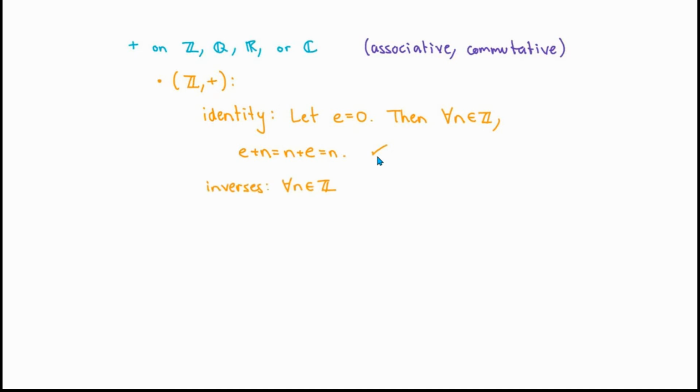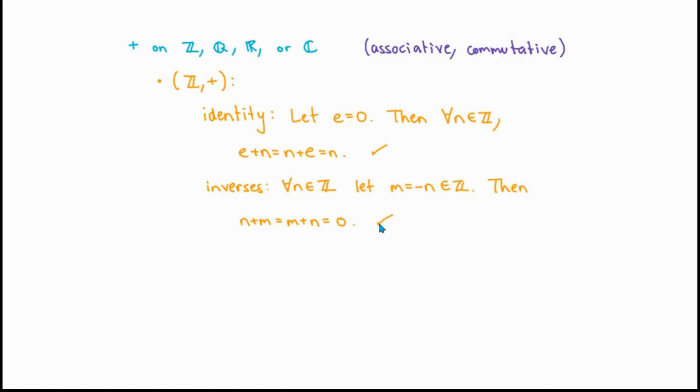For inverses, we want to know whether or not, for every integer n, there exists an integer m with the property that n plus m equals m plus n equals 0. Hopefully it's pretty clear that for any integer n, we can just take m to be minus n. Minus n is another integer, and of course it has the property that n plus m equals the identity element, which is 0 in this case.